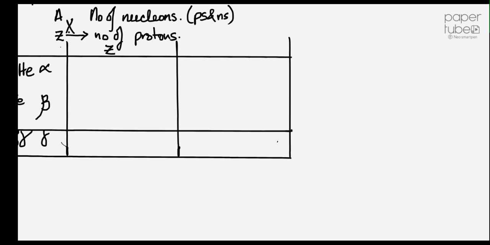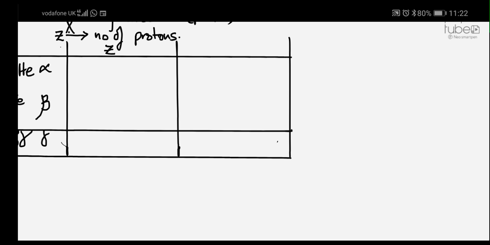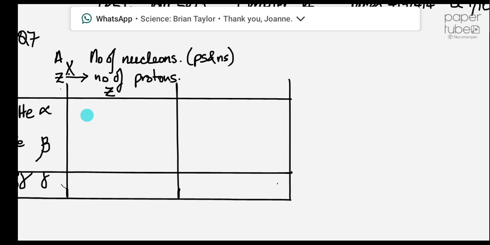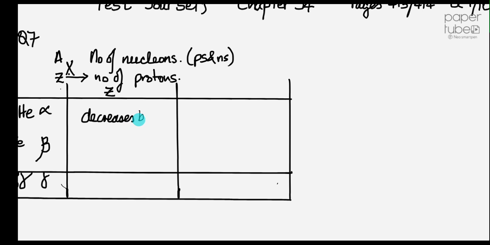So when you fire an alpha particle, the atomic number goes down by 2, so it decreases by 2. And what happens to the mass number? That's the top number. It decreases by 4. See the way I'm using the language that they use in the table?